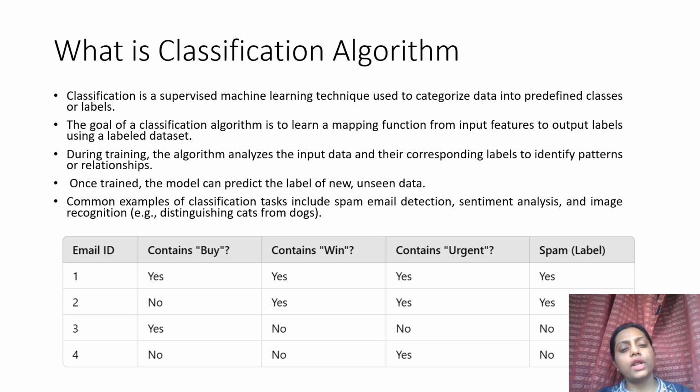There are several common examples of classification tasks. These are all very basic examples, like spam email detection, sentiment analysis, or image recognition. That means we can distinguish cats from dogs, like that. So in today's session, we will be detecting spam email in depth using the naive-Bayes algorithm.